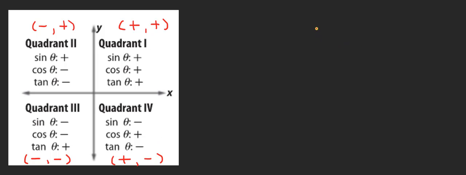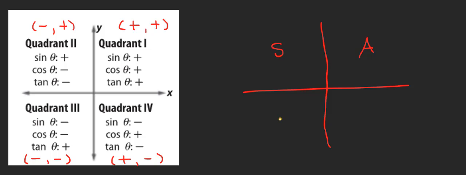There is another way of looking at this. I'm going to use an acronym: All Students Take Calculus. This means in the first quadrant, all 6 trig functions will be positive.